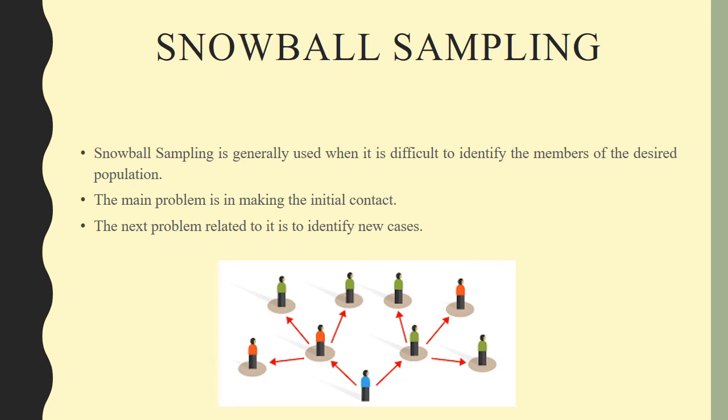That is, once you interview someone, you ask, do you know any people who have triplets in their house? You ask them, then you collect the information, and you go on as a ball moves from one part to the other.